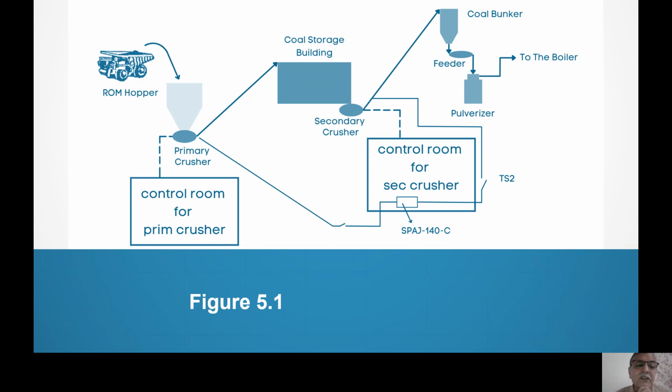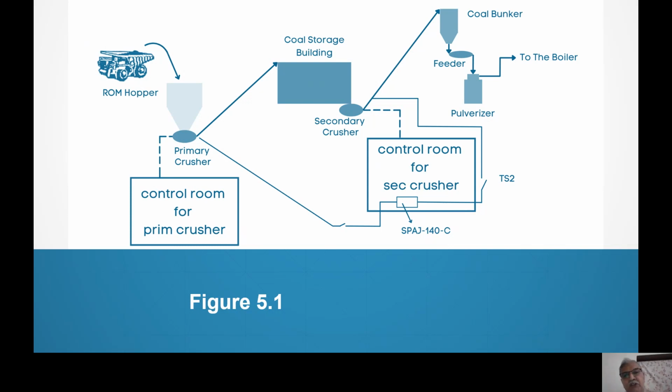Now it so happens that because of some fault, the primary crusher trips off. Then it does not send coal to the secondary crusher. The secondary crusher goes on running unnecessarily, not receiving coal from the primary crusher.